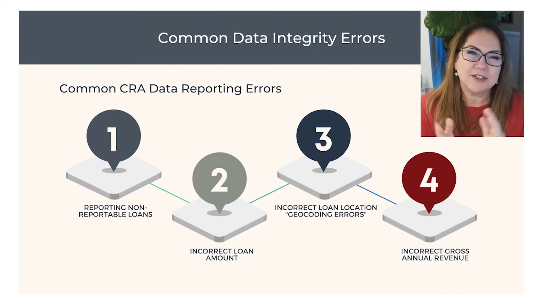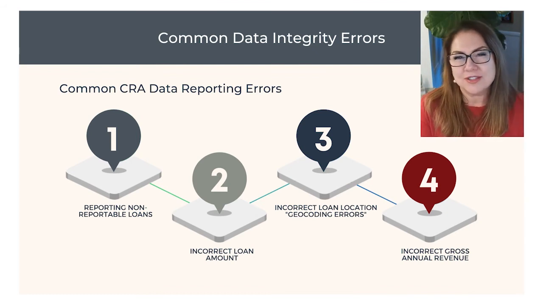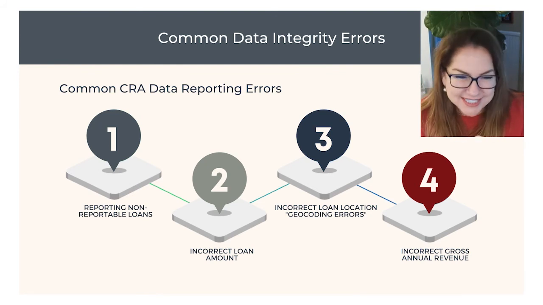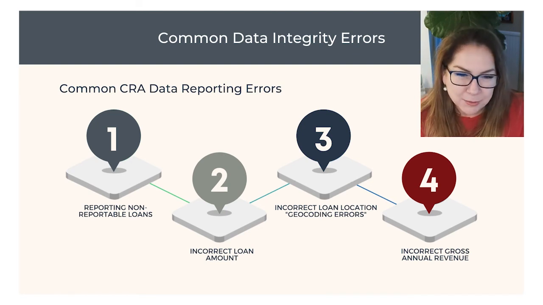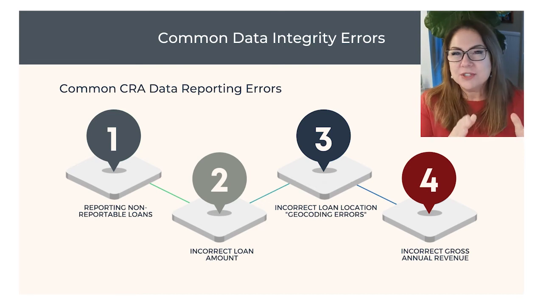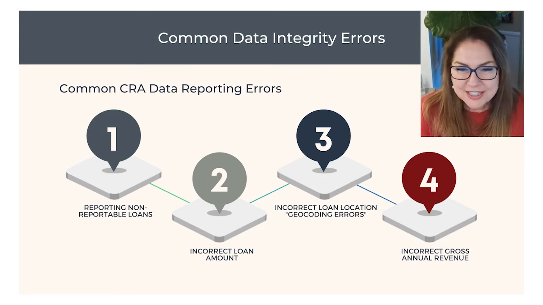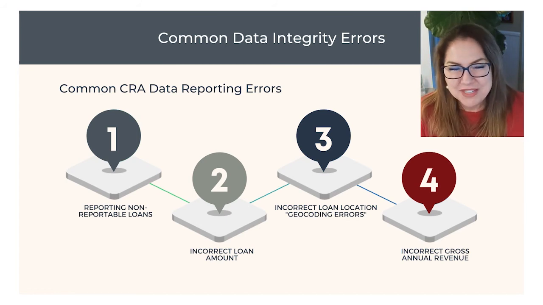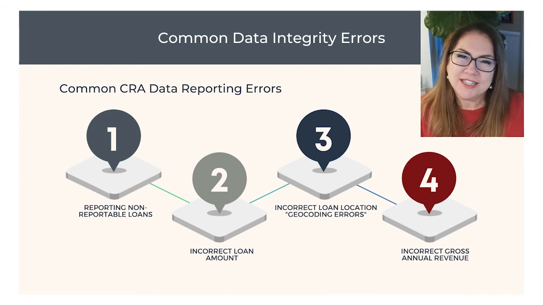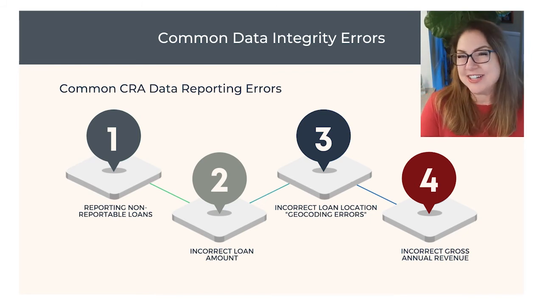I'm sure you're already training all of your loan ops staff to make sure that they are reporting gross annual revenue within your core systems, and that you also understand how your bank aggregates the revenue as applicable, and then make sure that the revenue information that you relied upon is in the file, and make sure that your credit files contain that gross annual revenue so that you know what the bank relied upon to make its credit decision. So those are the 4 common mistakes as it relates to CRA data integrity.